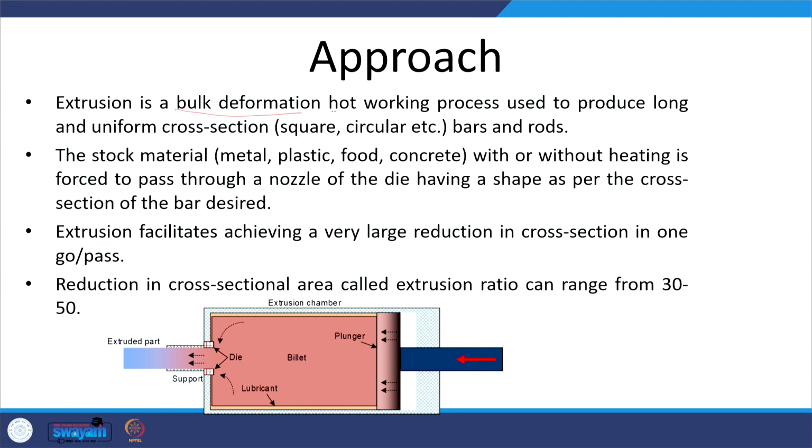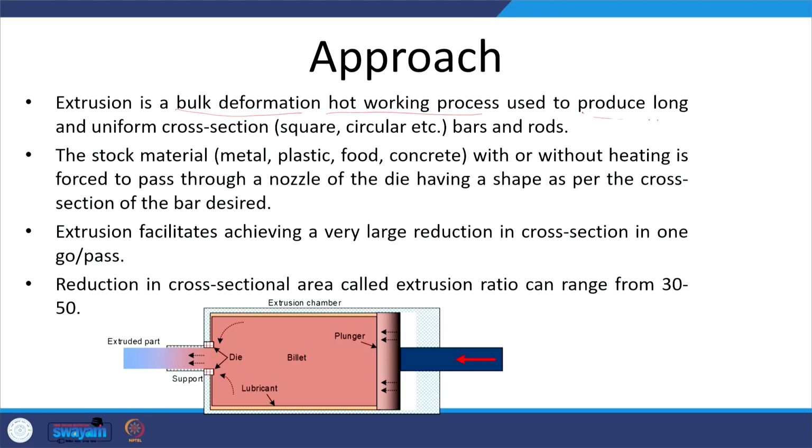Mostly metals are subjected to hot extrusion, but if the metal has low yield strength and high ductility, or the material to be processed offers reasonably good flow behavior, then it can also be done under cold conditions. So, extrusion is used to produce long uniform cross section bars, rods, tubes etc. These can be square, circular or any other shape which is desired for a given purpose.